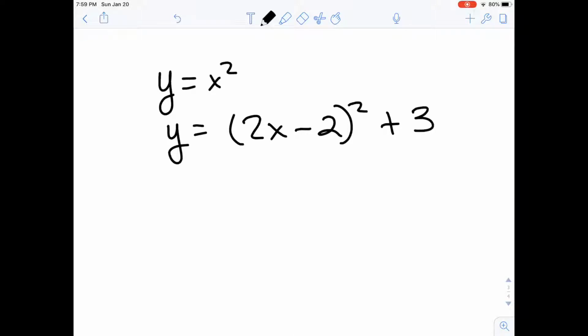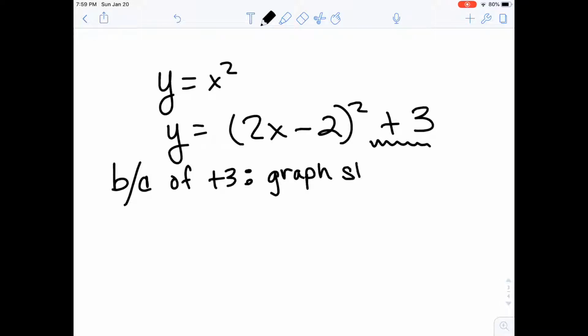okay, this is what's happening, right? Because of this plus 3, we have our graph shifted up 3. That's really easy to spot, right? Let me change colors.